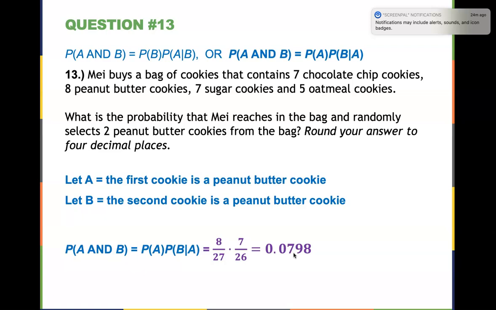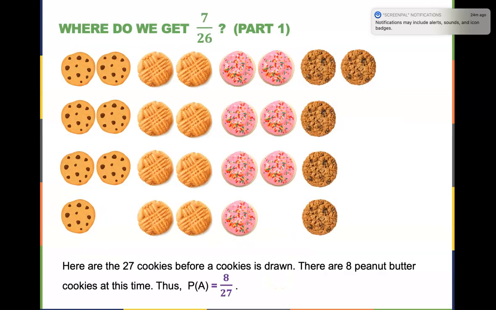So now let me explain how I'm getting the 7 over 26. Here are all the cookies. There are 7 chocolate chip cookies, 8 peanut butter cookies, 7 sugar cookies, and 5 oatmeal cookies. So if you draw the first peanut butter cookie, of course you have a probability of 8 out of the total of 27. But let's say we draw one of these peanut butter cookies out of here. That one.